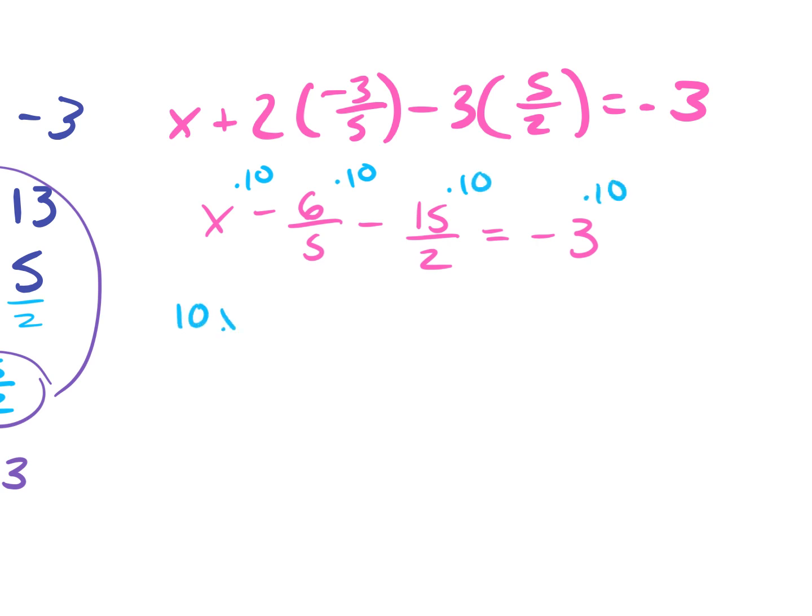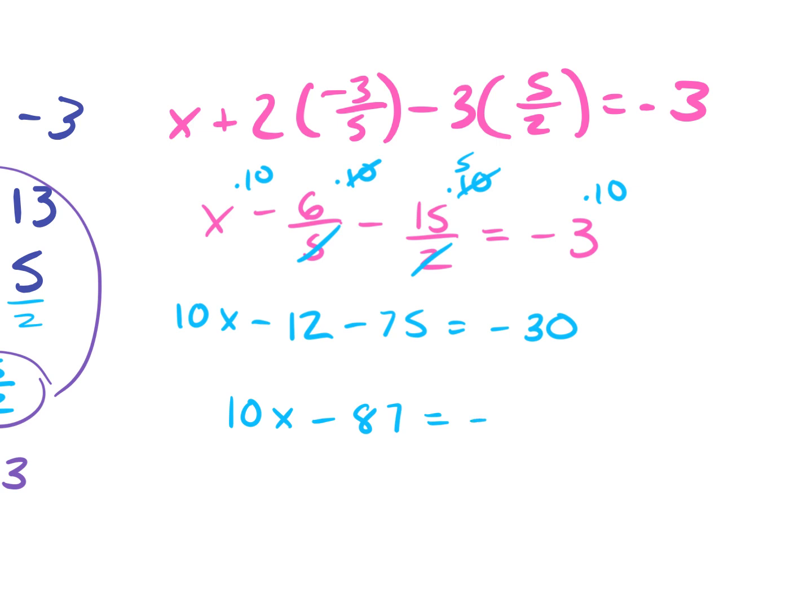So I have 10x minus 5 goes into 10 twice. 2 goes into 10 5 times, and 5 times 15 would be 75. So minus 75 is equal to negative 30. So 10x minus 87 is equal to negative 30.